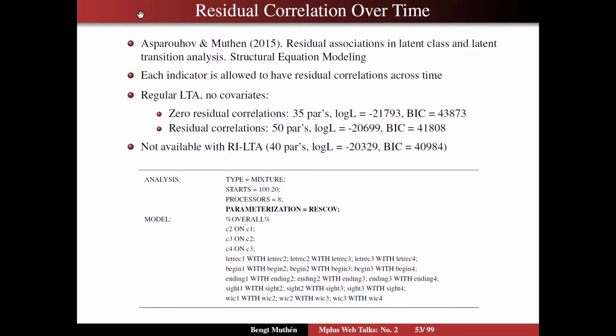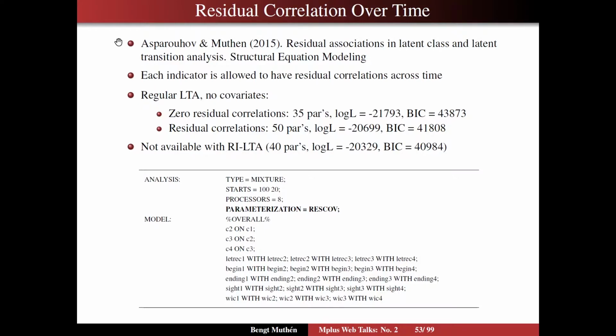Turning to slide 53, we're going to take a look at adding residual correlations over time for the latent class indicators. This draws on the techniques described in the 2015 paper by Asparouhov and Muthén in Structural Equation Modeling. So this is applicable to both LCA and LTA.